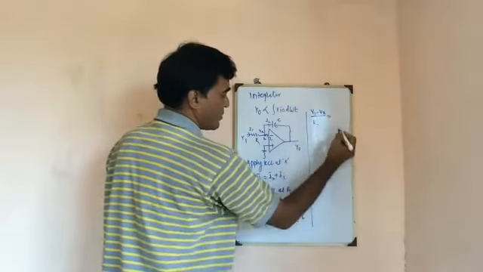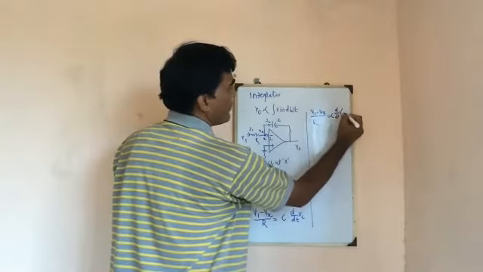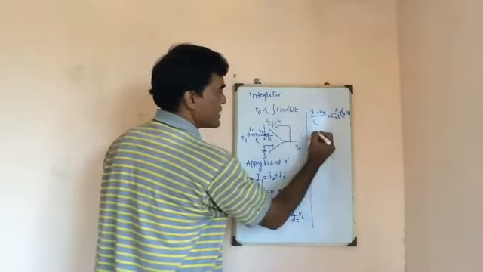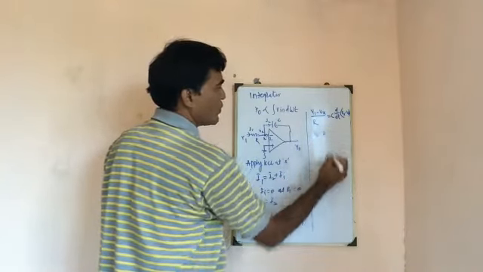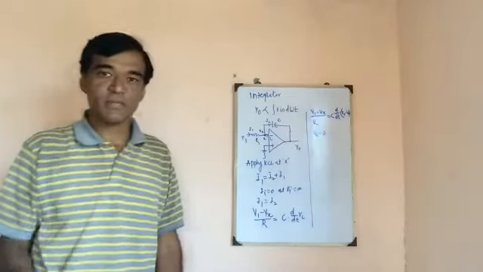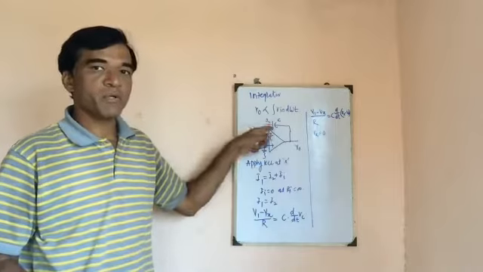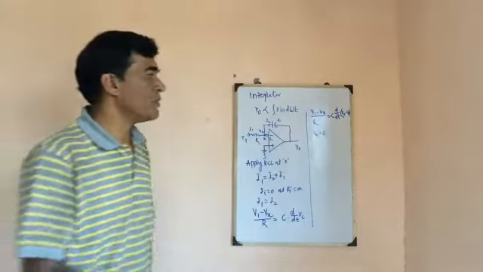must be equal to C into d by dt of (Vx minus V0). As Vx is equal to 0, by using the virtual ground concept, we know that the voltage at the non-inverting terminal must be equal to the voltage at the inverting terminal. Hence Vx becomes equal to 0.